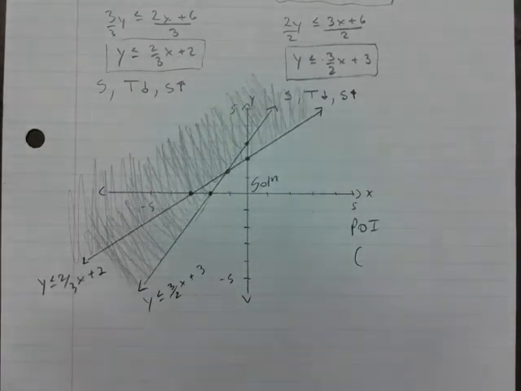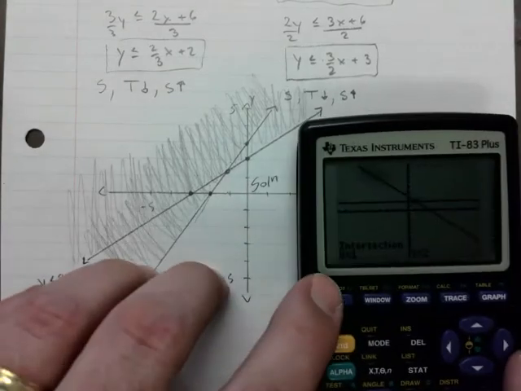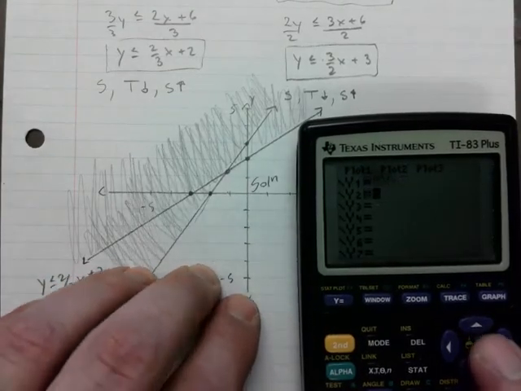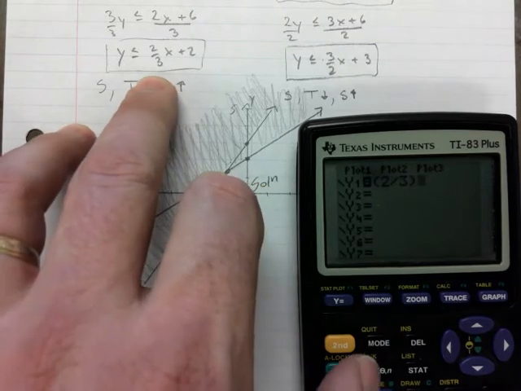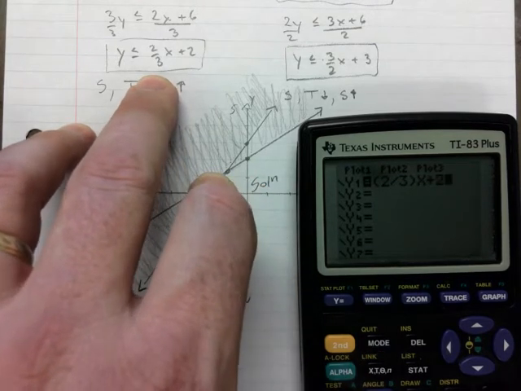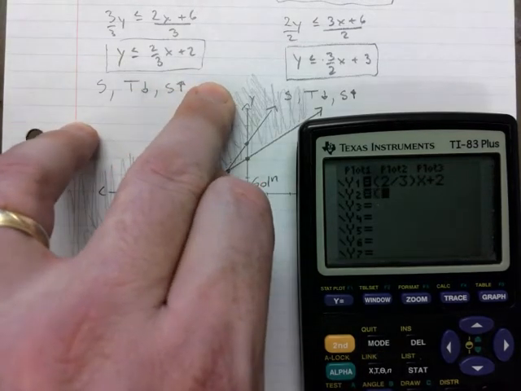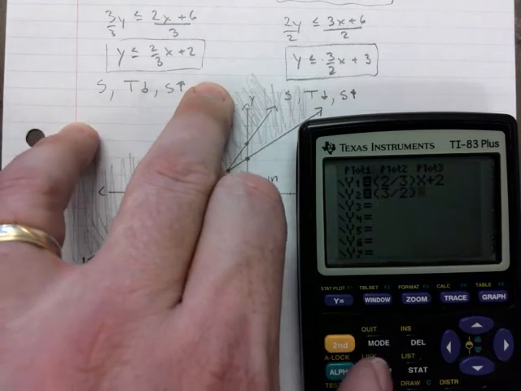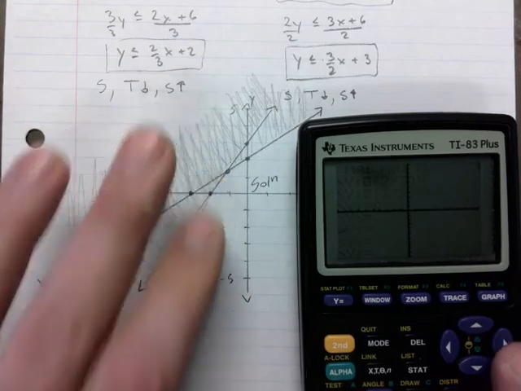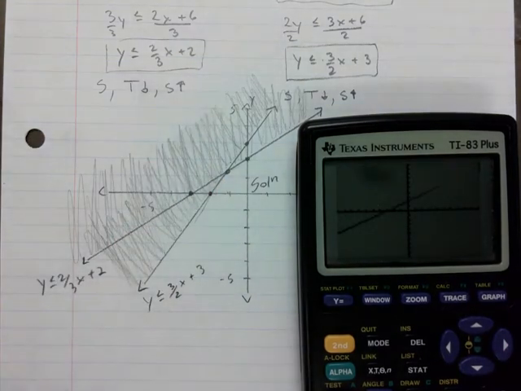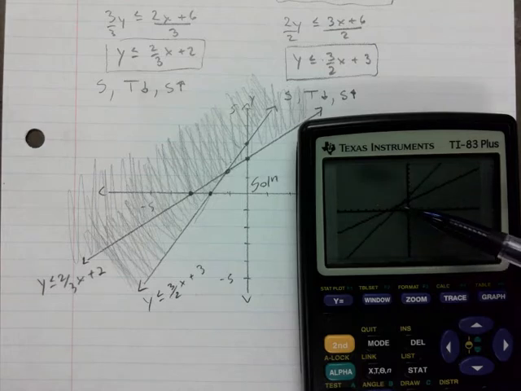Graphing calculator, and now is time to enter that. So you have 2/3 x plus 2, 3/2 x plus 3. Graph it. See if it looks like what we have, and it does, right?